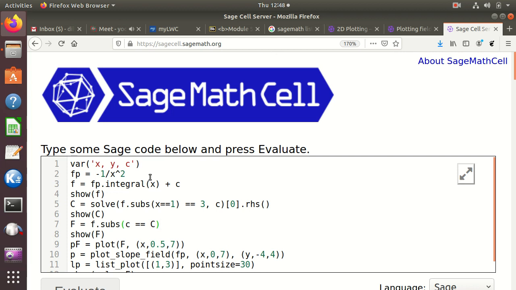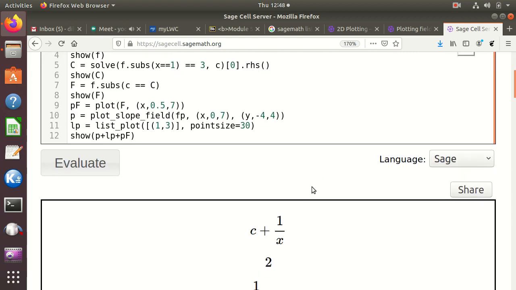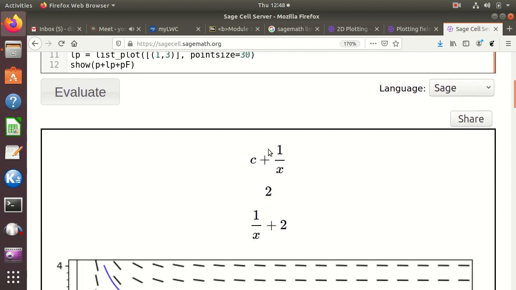And in Sage, one way to do that is, just like we did derivatives, you just do a dot, and in this case you say integral. But with respect to what? X. Now what you see, now this will say show f here, and you come down, the first thing I did, the antiderivative of -1 over x squared is 1 over x.